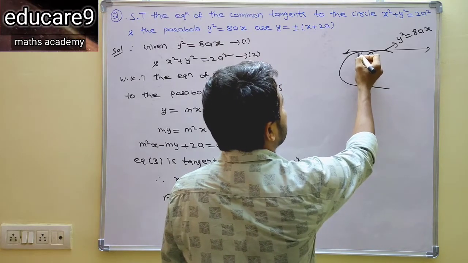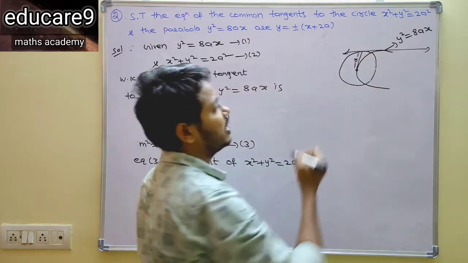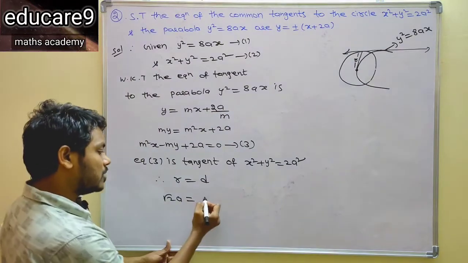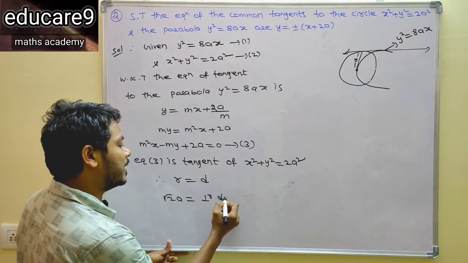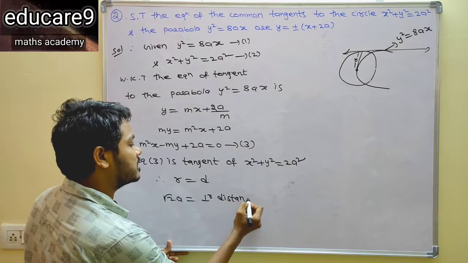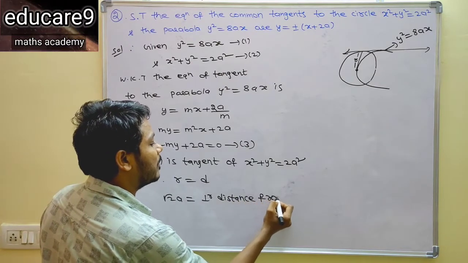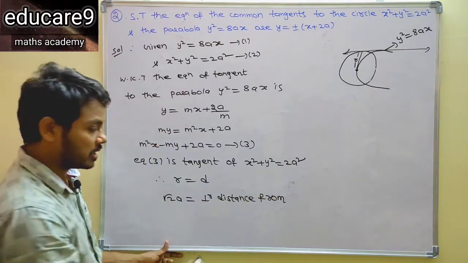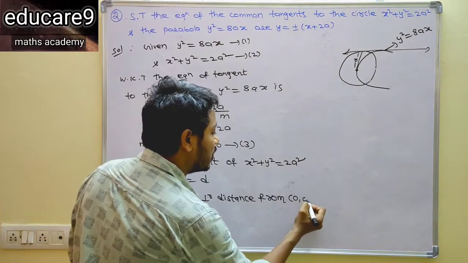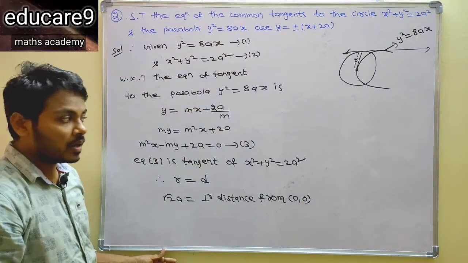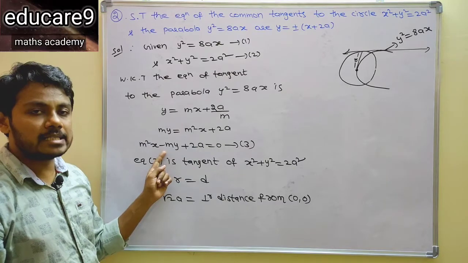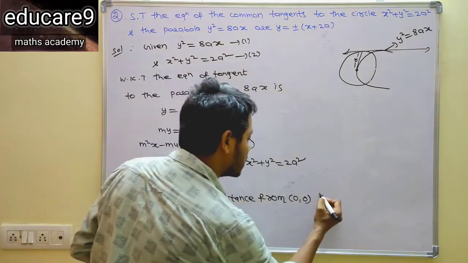So this distance is what? Radius as well as d. So clear d is perpendicular distance from center of the circle, that is 0, 0 to the tangent, that is to equation 3.